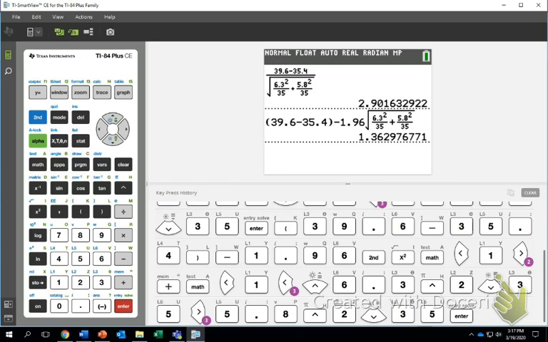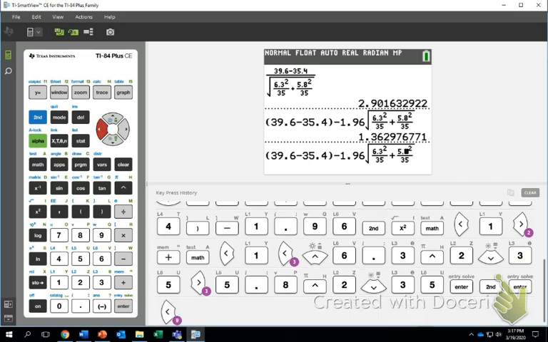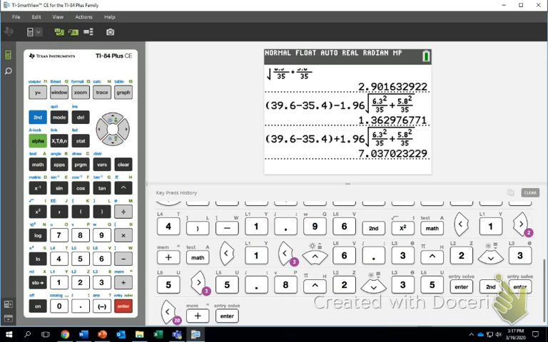All right, and we can do the same thing again. Instead of typing all of this out, I can press second, and then down here at the bottom where it says enter, but in blue it says entry. So I'm going to press entry, and I'm going to go back, use my cursor and move it backwards and change that minus sign into a plus sign, so that I don't have to retype everything. So it looks like this goes between 1.36 and 7.04.